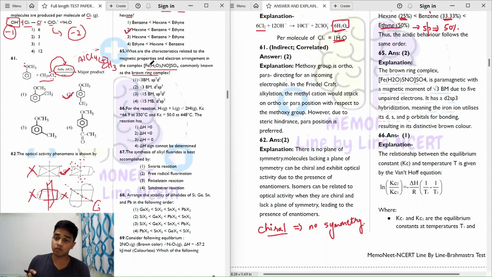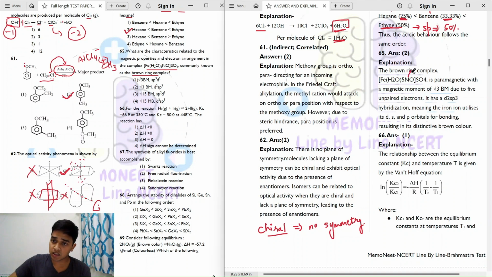For that, we need to find out the oxidation state of iron. The entire complex ion is with SO4 2 minus, so the entire complex ion will carry a charge of +2. Water carries a charge of 0, whereas NO carries a charge of +1. So the oxidation state of iron will be +1, so iron will be present in the +1 oxidation state.